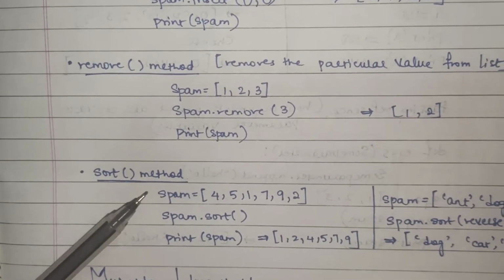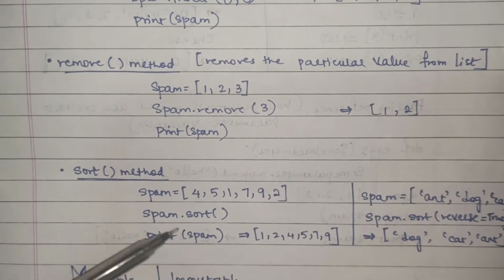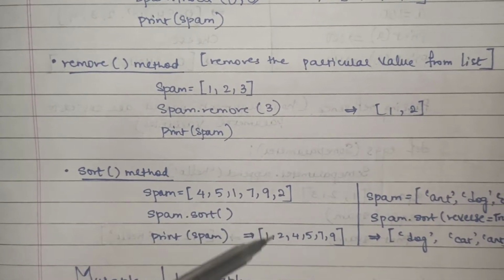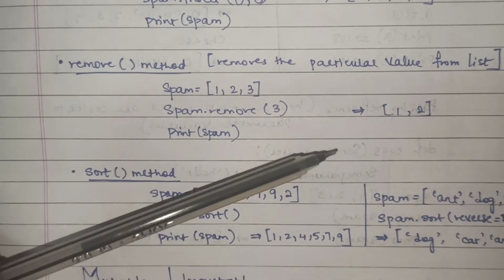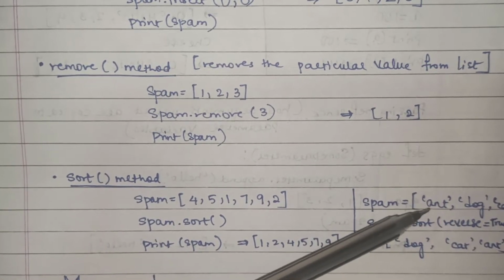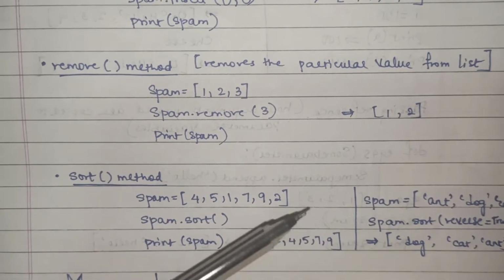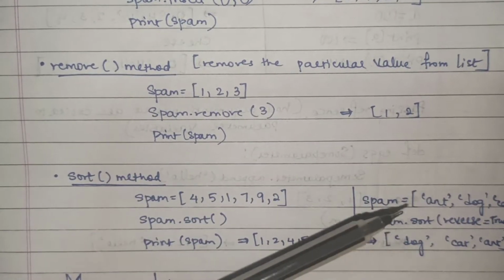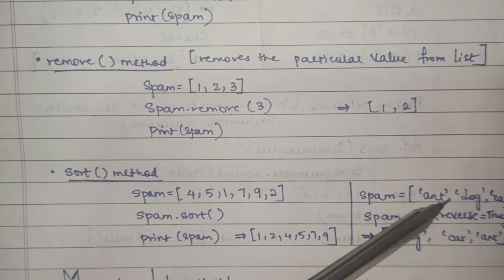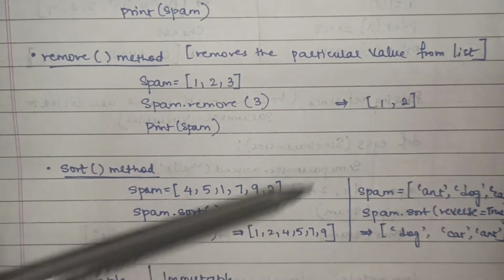Next, coming to the sort method. You have the list, and when you apply the sort method to the list, that is spam.sort, it will sort the elements in ascending order. Suppose the list elements have alphabetical values, they will be arranged according to ASCII value.